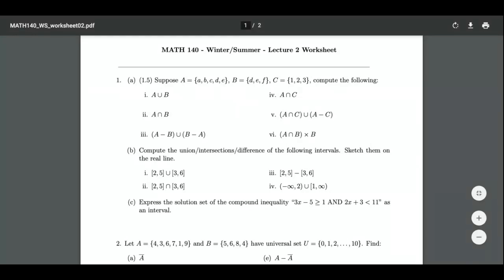We have D, E and D, E, F. So we have 2 times 3, so we should have 6 ordered pairs: DD, DE, DF, ED, EE, EF. Perfect, Wu. Yes, 6 ordered pairs in A intersect B cross B.